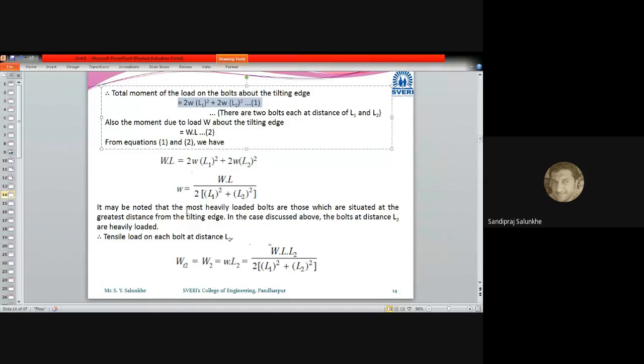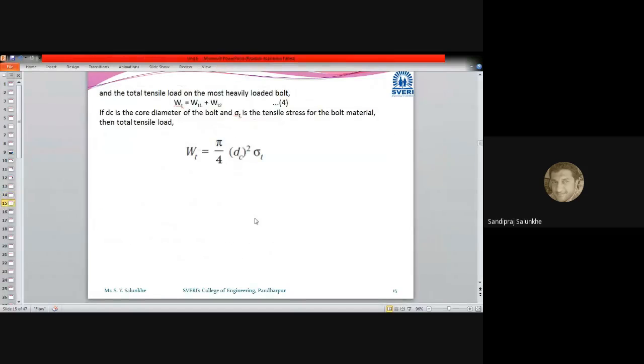So when we put the value of small w here, it will be W L into L2 divided by twice of L1 square plus L2 square. And the total tensile load will be the direct tensile load plus the tensile load which is coming because of the eccentricity.